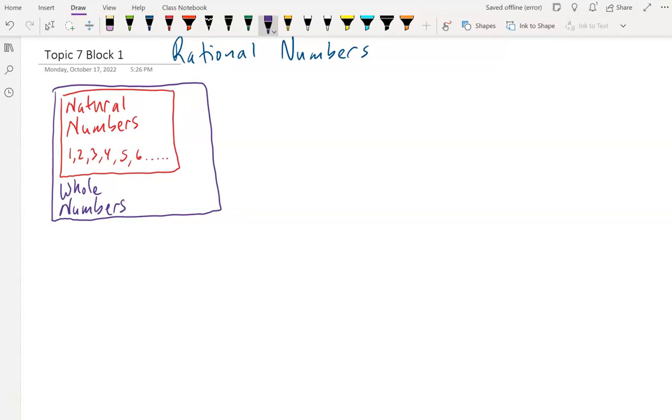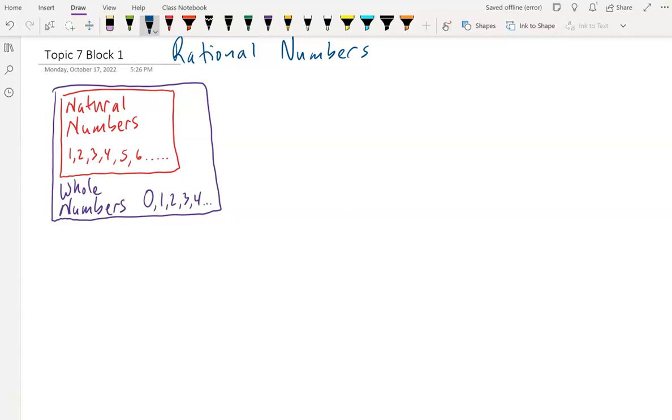But the only thing that makes them different from the natural numbers is we have the number 0. So it starts at 0 and 1 and 2 and 3 and 4 and so on, just like the natural numbers, only the whole numbers start with 0. That's the only difference between whole numbers and natural numbers, the addition of 0 to that set.